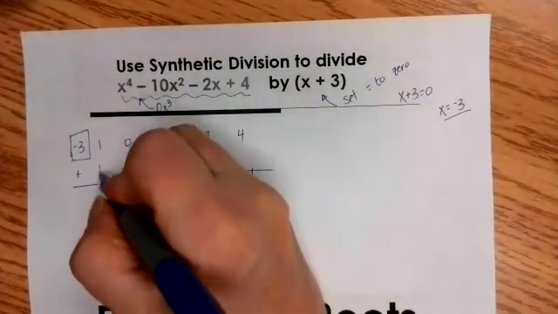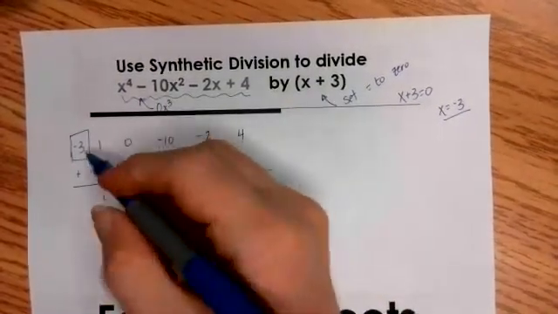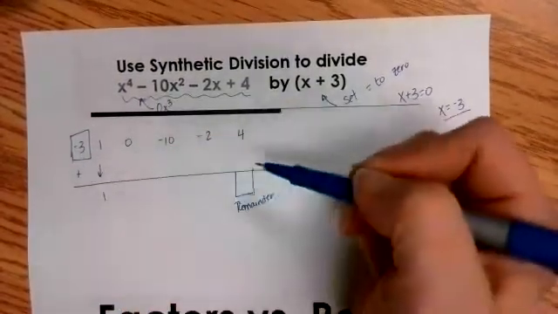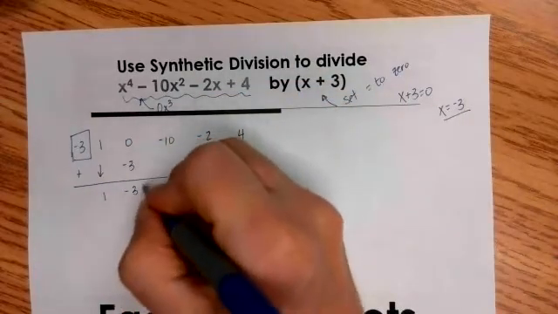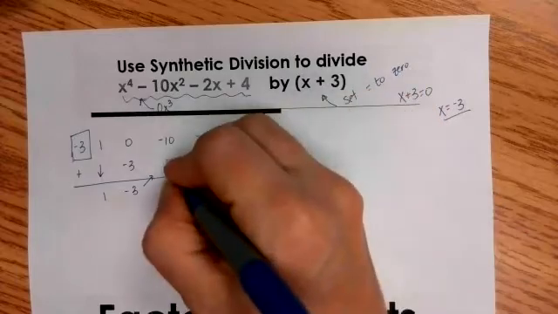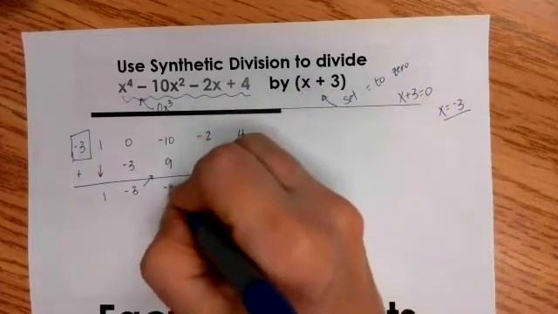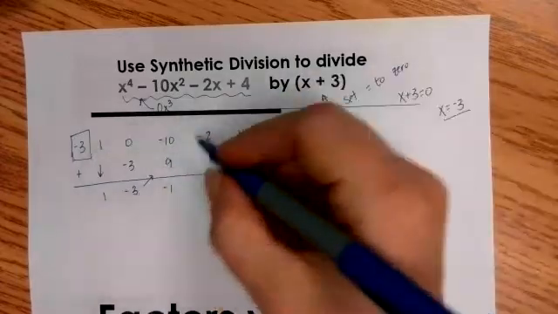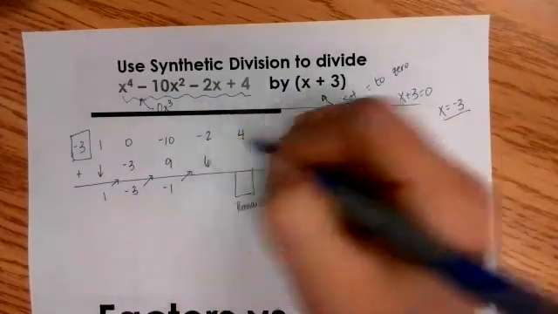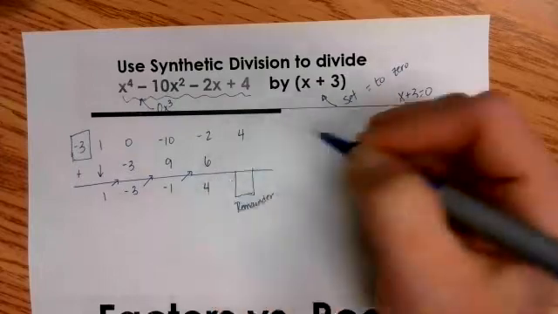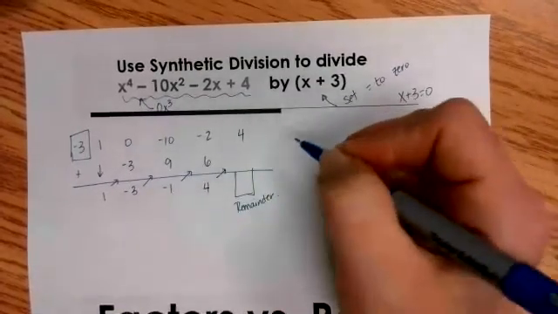So I bring down and I multiply. So first number to bring down is 1, then I multiply it by what's in the box. I always multiply by what's in the box. Negative 3, bring this down, then multiply by what's in the box. That's going to be a positive 9. Then bring down a negative 1, multiply by what's in the box to move it over. That would be a positive 6, which would give me a 4 here, multiply by what's in the box.